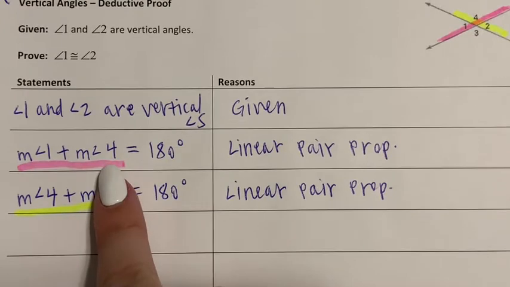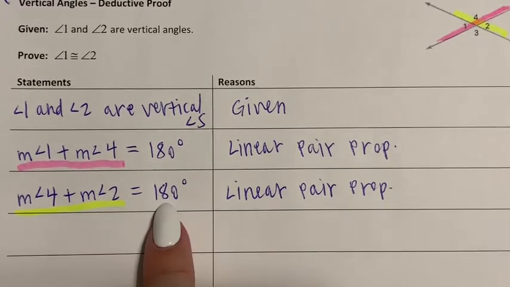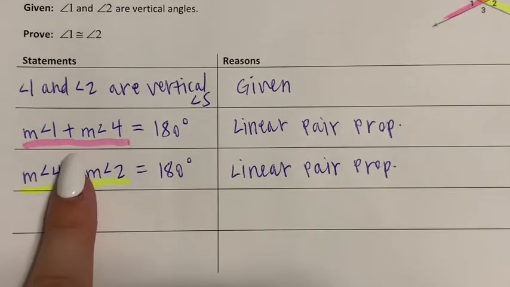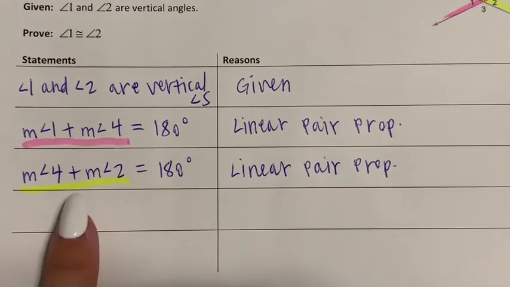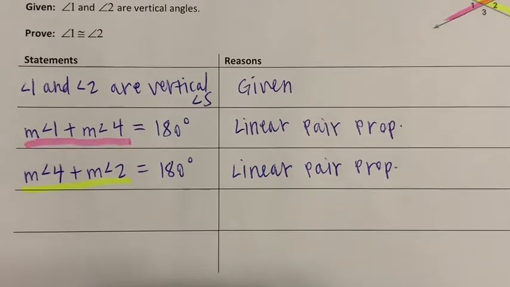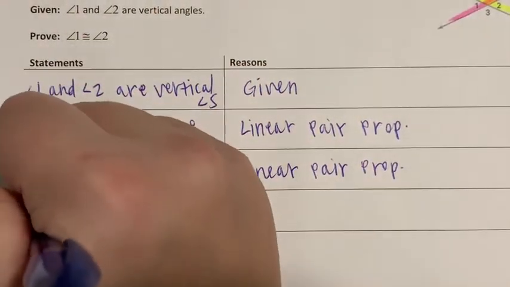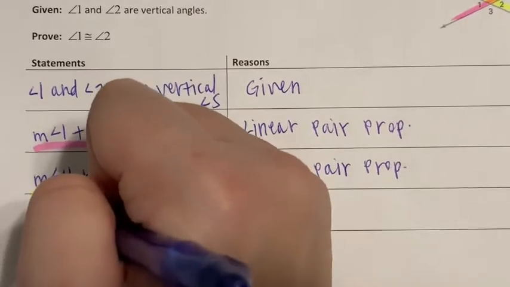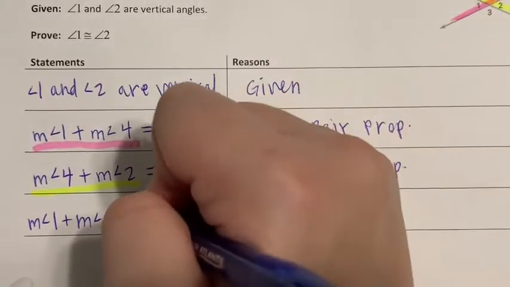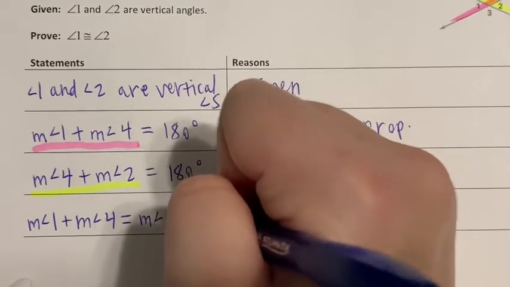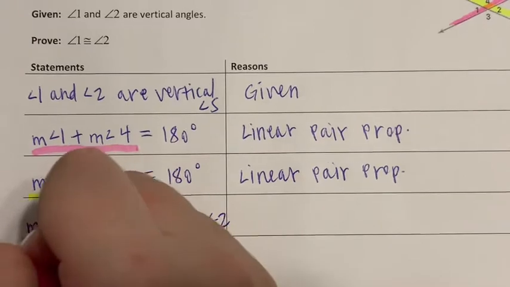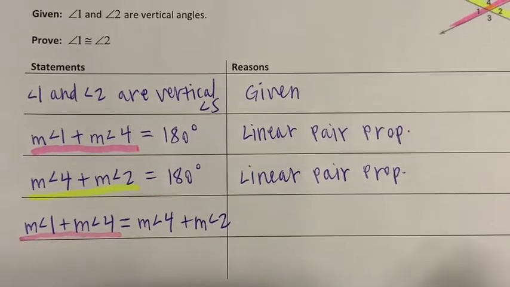If you have two things equal to 180 degrees, we can just substitute them. So one way of saying that, if pink is equal to 180 and yellow is equal to 180, then pink must be equal to yellow. So I can say the measure of angle 1 plus the measure of angle 4 is equal to the measure of angle 4 plus the measure of angle 2. So what I did there was set the two different parts equal.